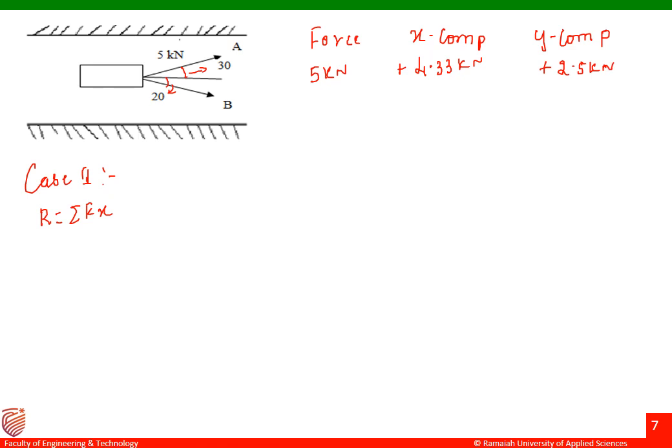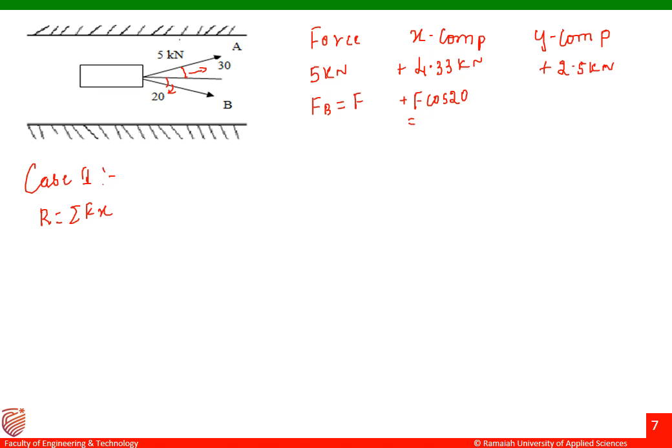Next we go for the force in rope B. We don't know the value of it, so let us take it as F. It is acting in the fourth quadrant, which means x will be positive and y will be negative. That is F cos 20 degrees.